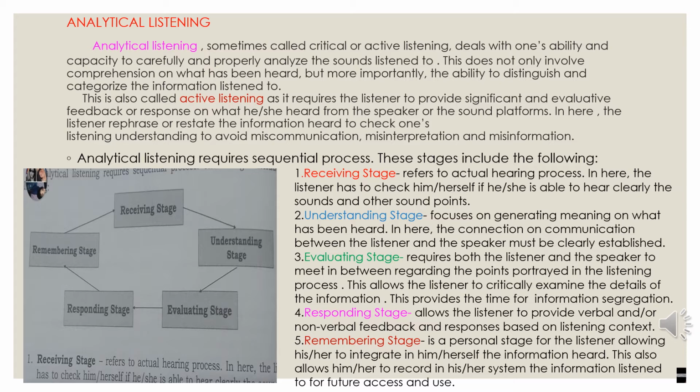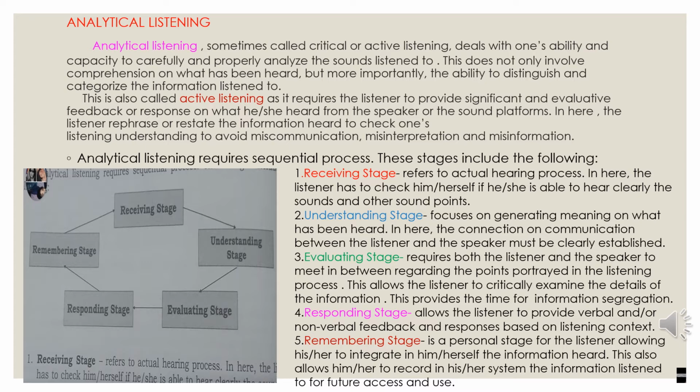Understanding stage focuses on generating meaning on what has been heard. In here, the connection or communication between the listener and the speaker must be clearly established. This constitutes the idea that the understanding of the speaker must be the same with the listener.